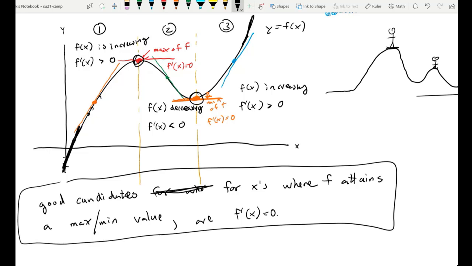But locally, that's sometimes all we care about. In practice, you don't care about all possible x's. You only care about a certain interval, and so you can try to find the min and max in that interval. You don't have to think globally necessarily.